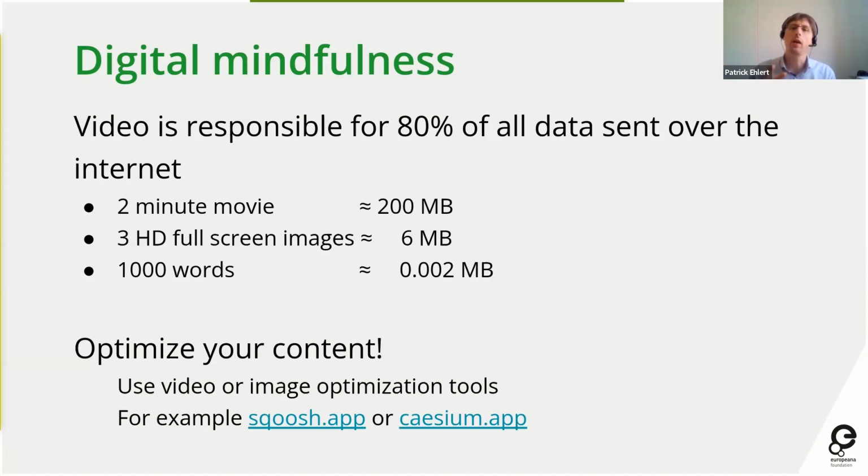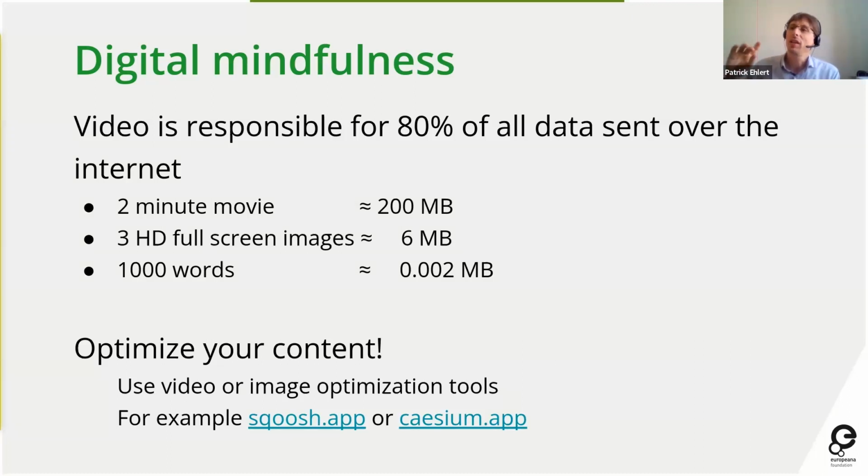That is because video, the formatting, the size of everything that you need to send is just quite large. To give an example, a 2-minute movie, it depends a lot on all kinds of settings, on how big in size the movie is. But let's say it's about 200 megabytes. That's a reasonable amount. If you could achieve the same effect just by showing people 3 images, it would only be 6 megabytes. So that's already quite a bit of reduction.